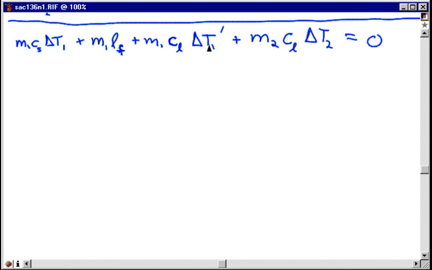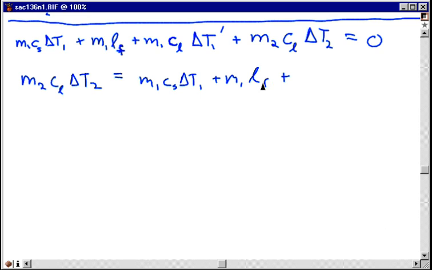I think I'll subtract all this stuff from both sides. So I got M2 Cl delta T2 is equal to M1 Cs delta T1 plus M1 LF plus M1 Cl delta T1 prime.